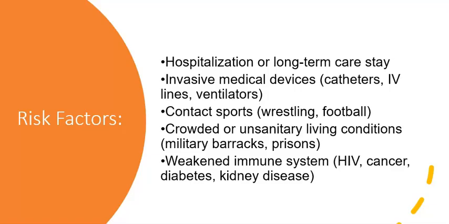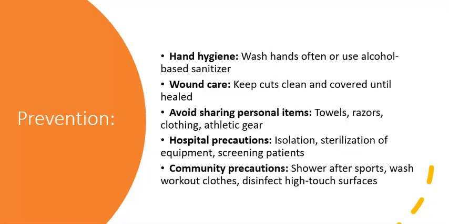Another risk factor would be contact sports, crowded, unsanitary living conditions, such as your prisons, as well as your patients that already have a weakened immune system, who are at an increased risk. Prevention is always hand hygiene, proper wound care, avoid sharing personal items, and then following hospital precautions as well as community precautions.